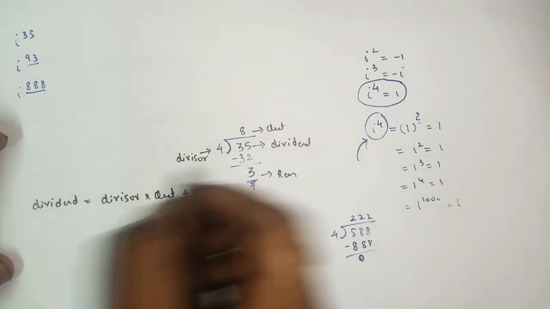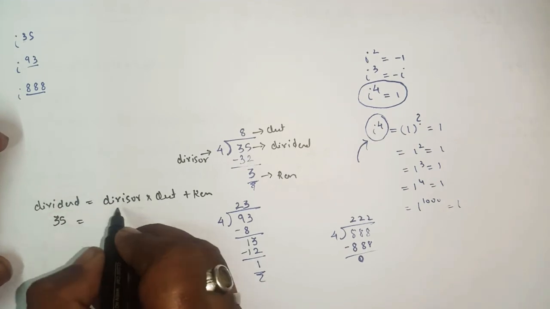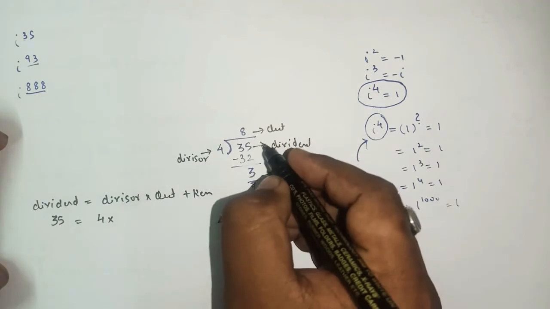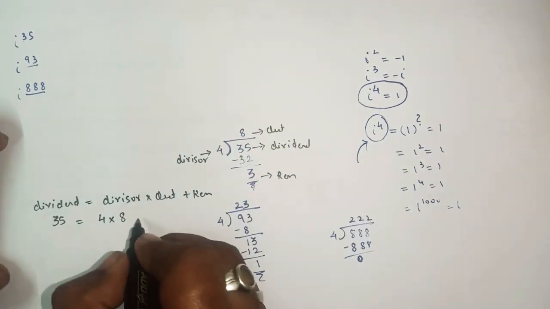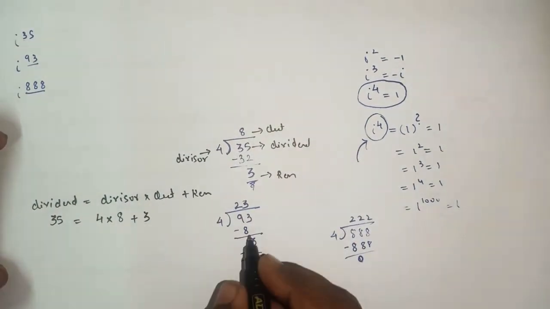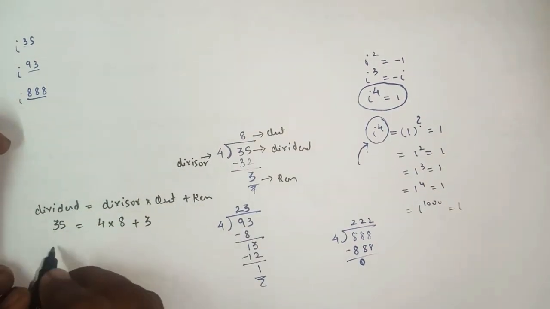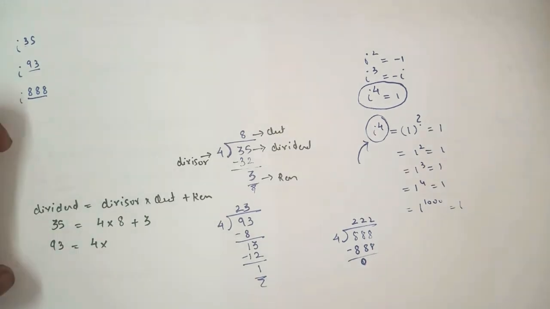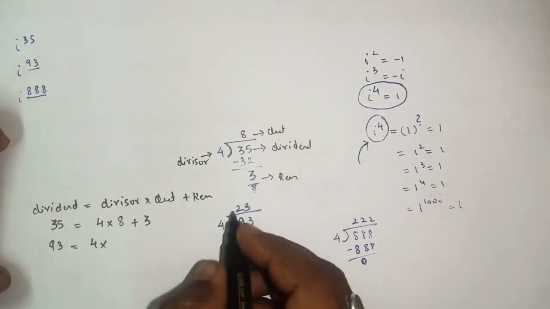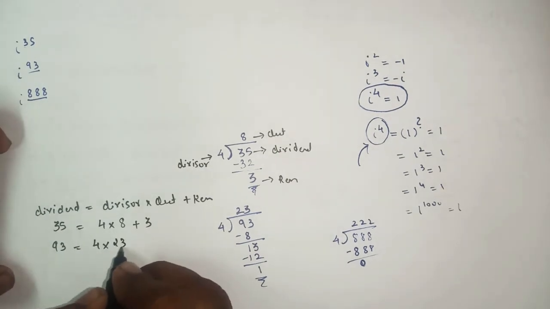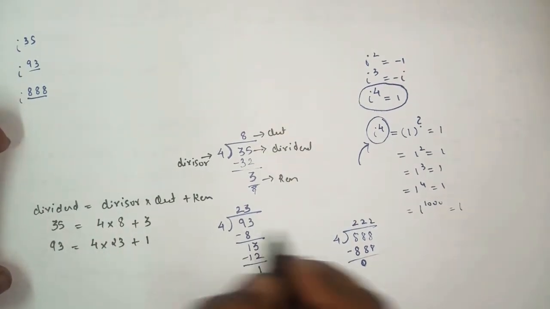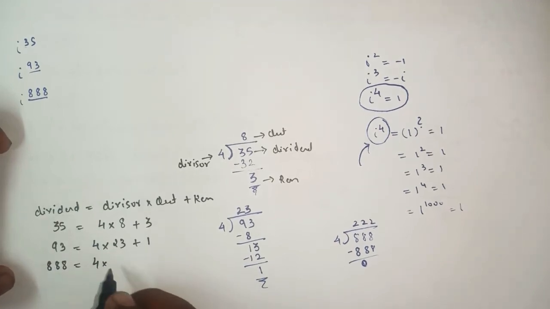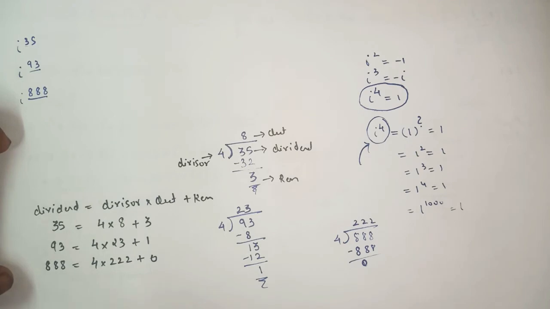For the first sum, the dividend was 35, the divisor is 4, the quotient is 8, and the remainder we got is 3. For the second sum, the dividend was 93, and the divisor was fixed, as I told you, you have to divide each and every term by 4 only. The quotient we got is 23, and the remainder was 1. For the last one, it was 888, 4 into 222 plus remainder 0.